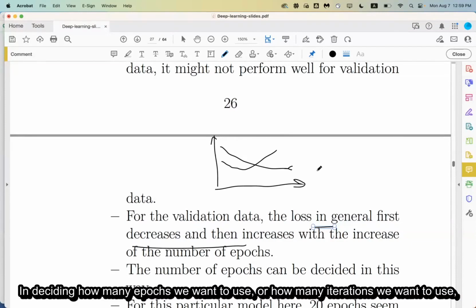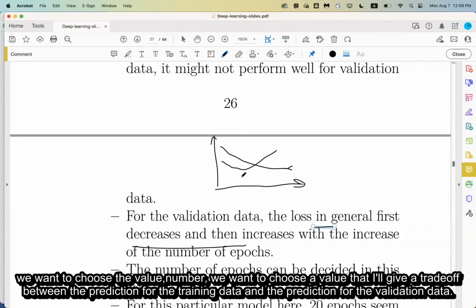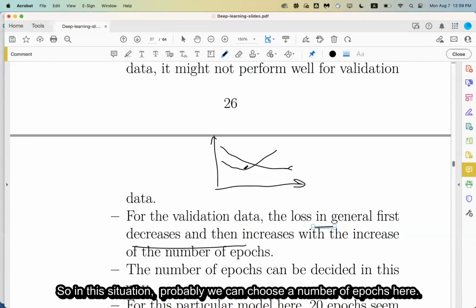In deciding how many epochs or how many iterations we want to use, we want to choose a value that gives a trade-off between the prediction for the training data and the prediction for the validation data. So in this situation, probably we can choose a number of epochs here.